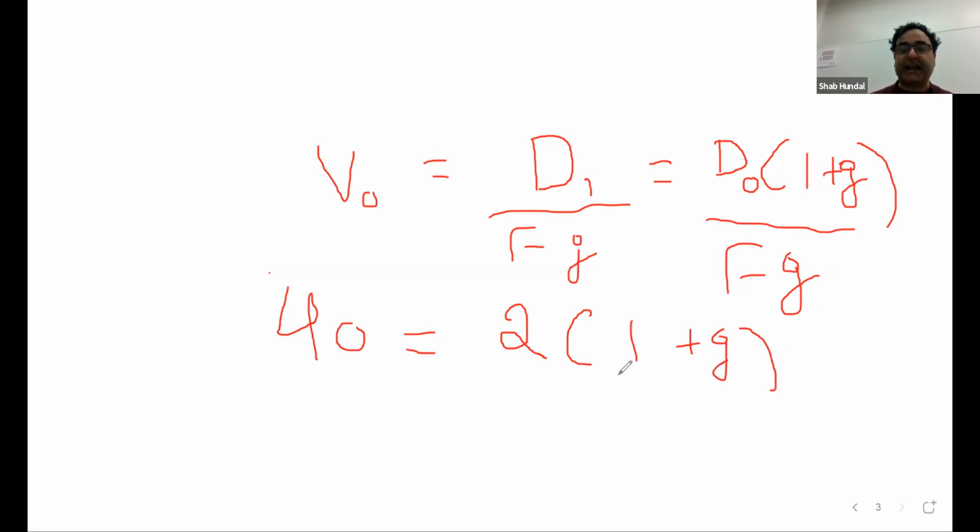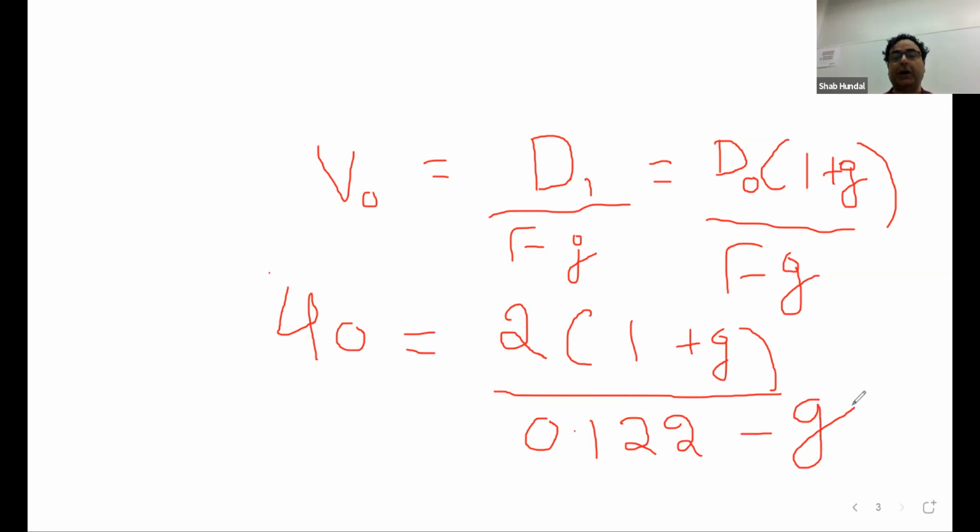And how much was the CAPM rate of return? Was it 12.2? So 12.2 means 0.122 minus G. So now it looks like a mathematical equation. And if you solve for G, can you do that or not?